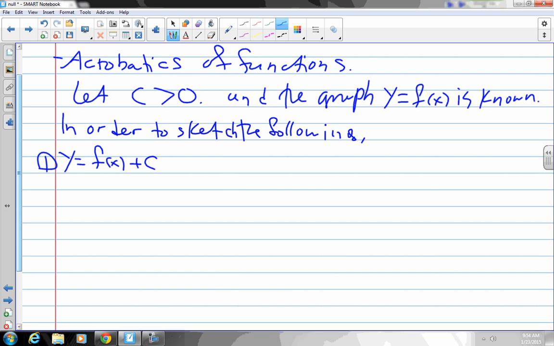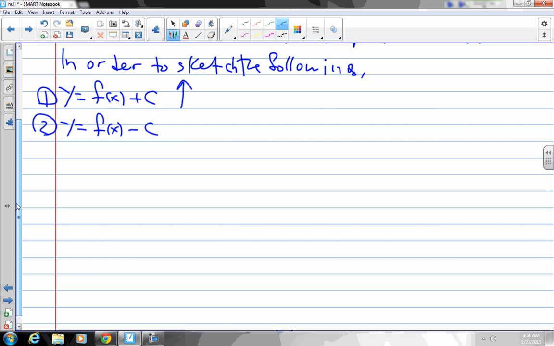if you take an original function and you add a number to it, where is the graph going to go? Is it up or down? We're adding a positive number. Up. So we're going to move up. If I go y equals f of x minus c, what will happen?